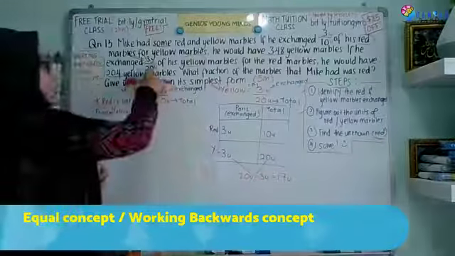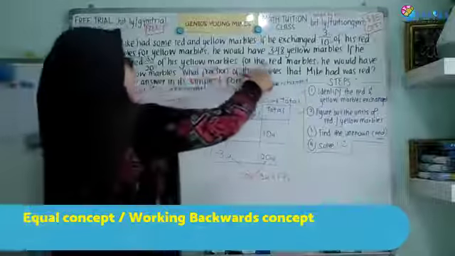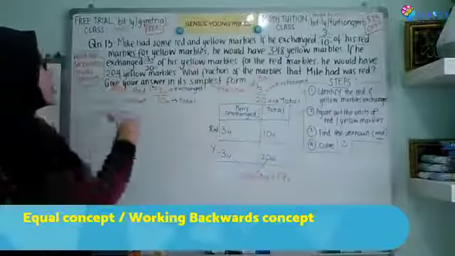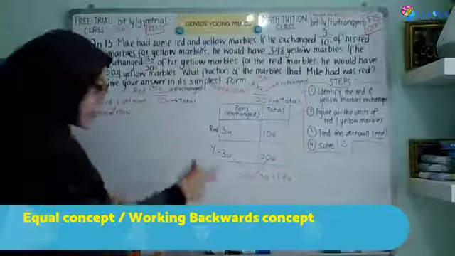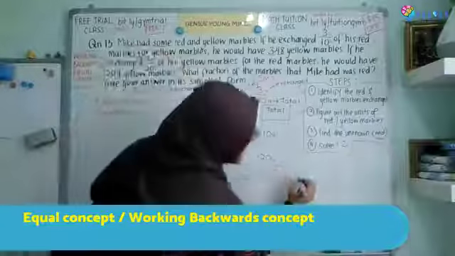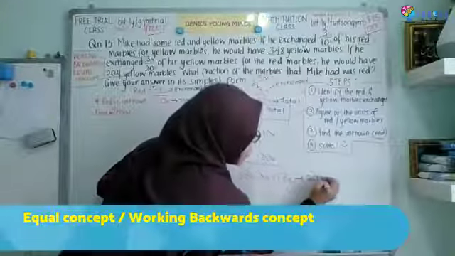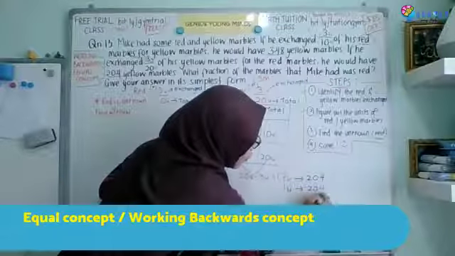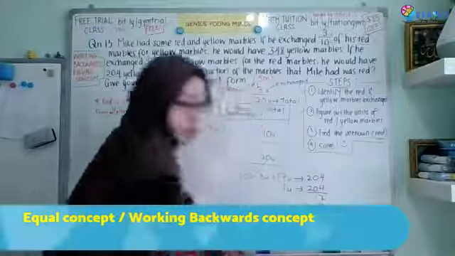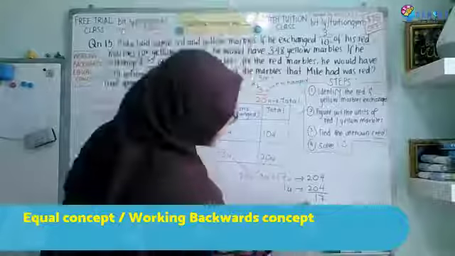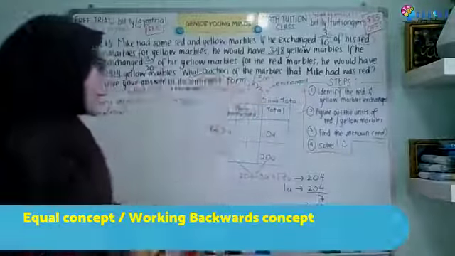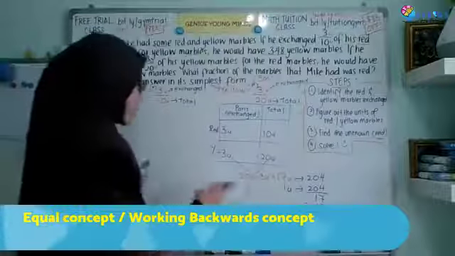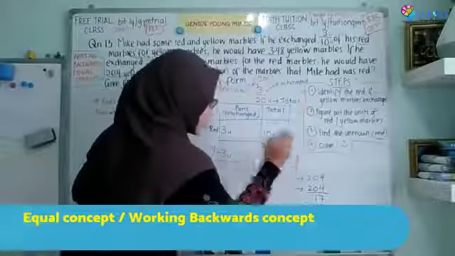So if he exchanged 3 over 20 of his yellow marbles for red marbles, he would have 204 yellow marbles, which means my 17 units is 204. 1 unit is 204 over 17 equals 12. Now, the issue here is I want to find my total yellow first.